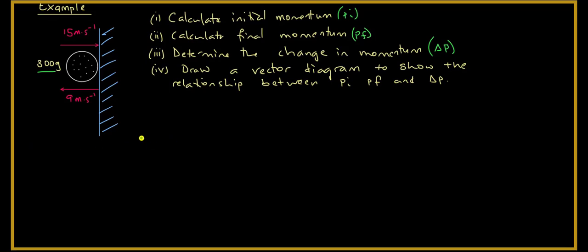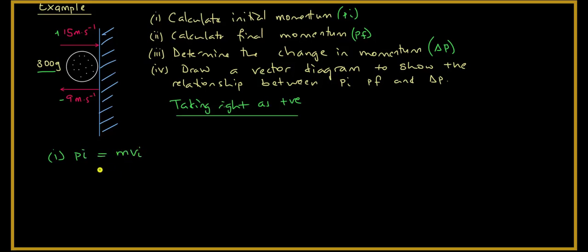So let's start. Now, we need to take one direction as positive here. So let's say taking right as positive. Alright. Now, it means that this velocity here is going to be positive. This one is going to be negative. Right. Now, let's calculate the initial momentum. Let me start from this side. My Pi is going to be equal to mvi, right? Mass times velocity.